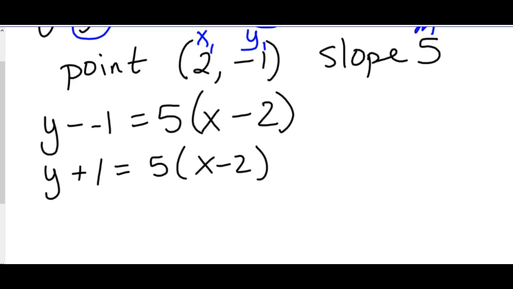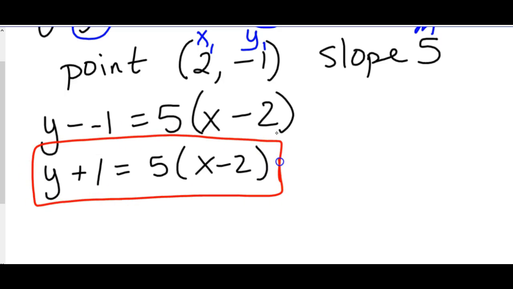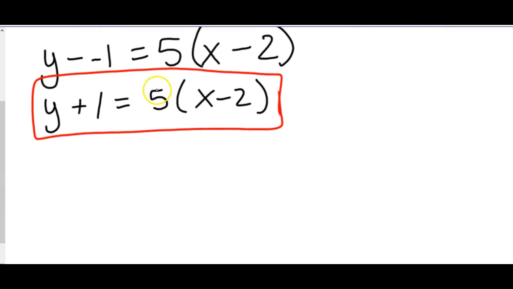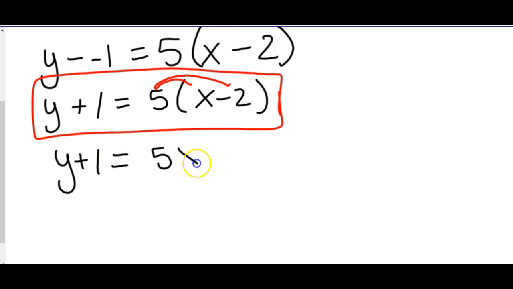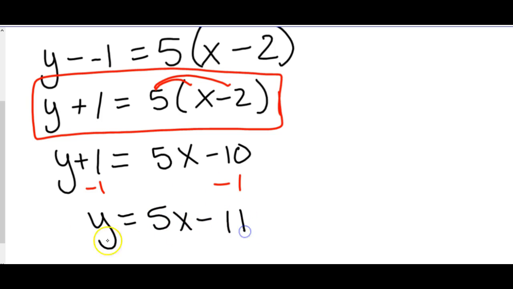So you may have to stop here, but in case they go further, what you do is you distribute on that side, so we'd have y plus 1 equals 5 times x is 5x, 5 times negative 2 is negative 10. And then you just want y completely alone, so we'd minus 1 from both sides, and we'd get y equals 5x minus 11.